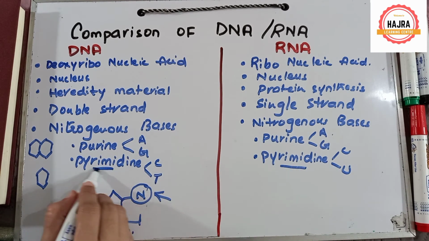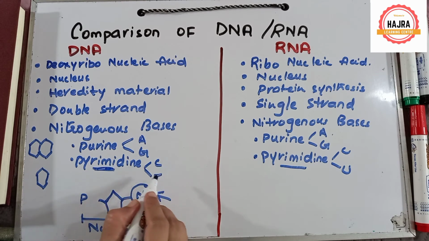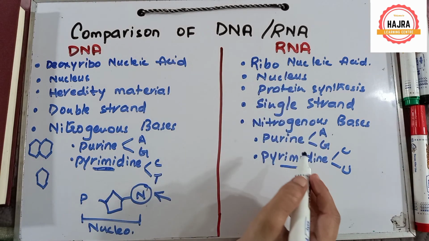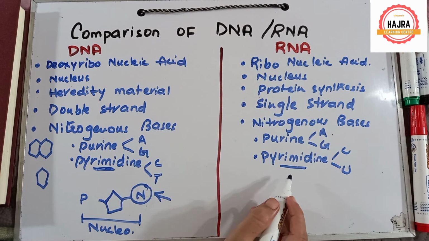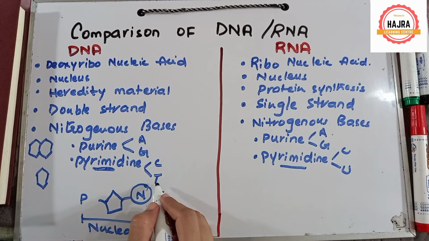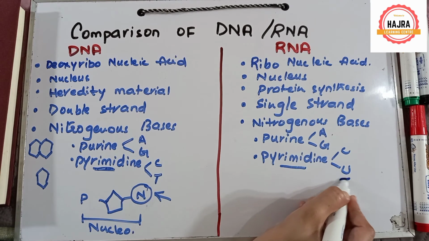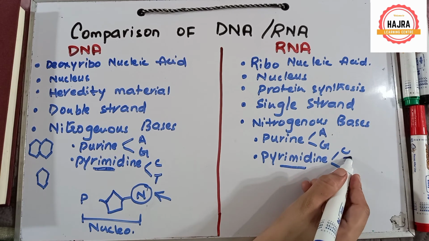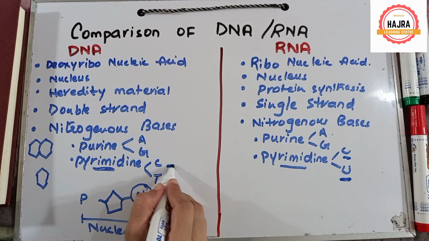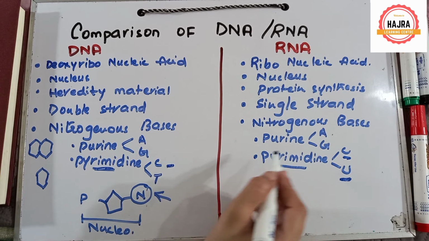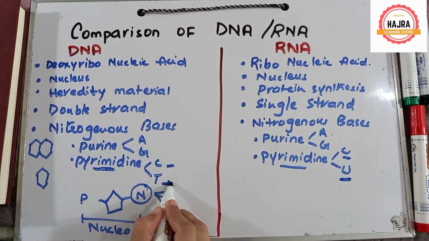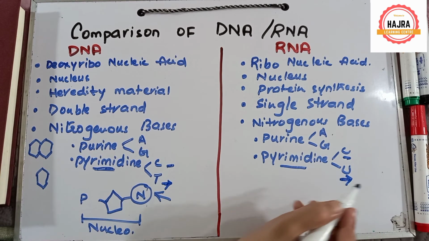In DNA, the pyrimidines are cytosine and thymine, but in RNA there is no thymine. Instead of thymine, there is uracil. Look here, there is also cytosine, but here there is thymine and here there is uracil.